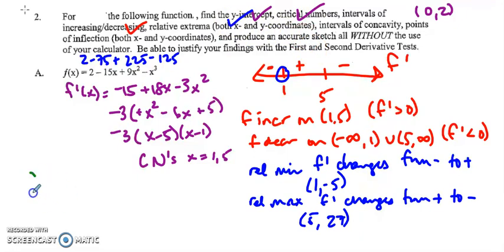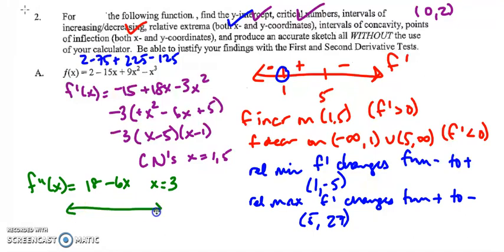For the concavity, I have to take my second derivative, and I'm going to end up with 18 minus 6x. So my critical number for this is x equals 3. I'm going to do another number line analysis, label it f double prime. If I plug in a value like 0, I get out positive. Plug in a value bigger than 3, I get out negative.